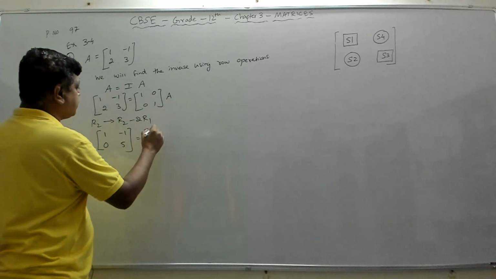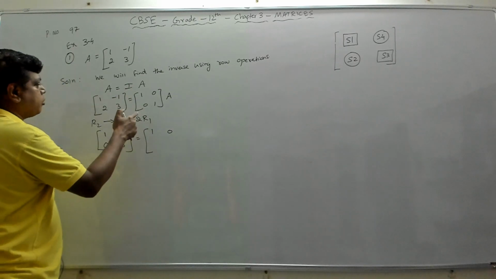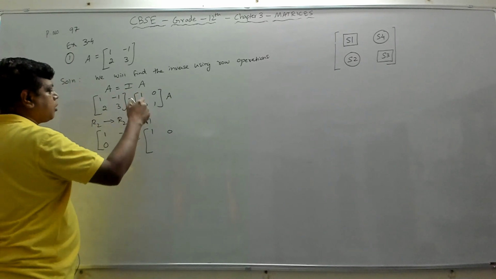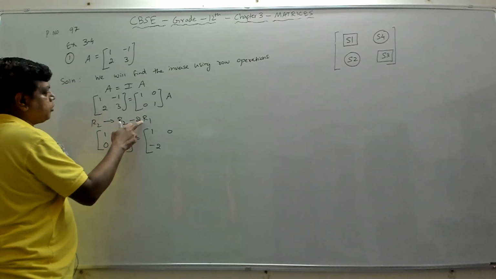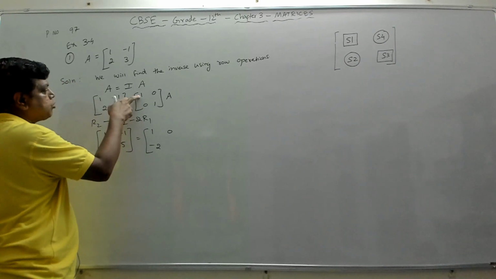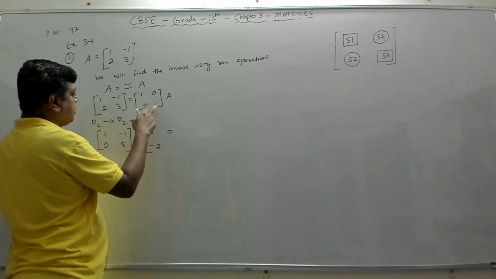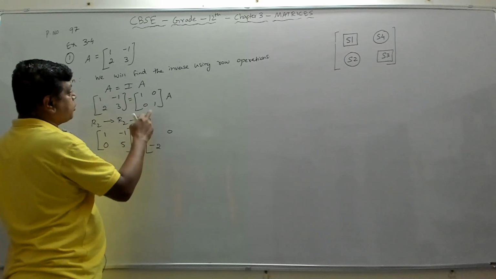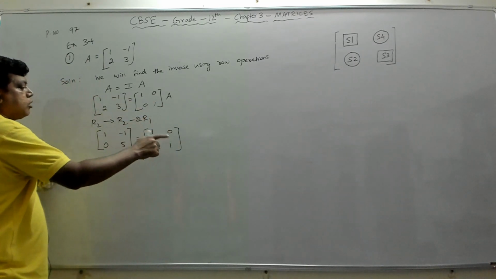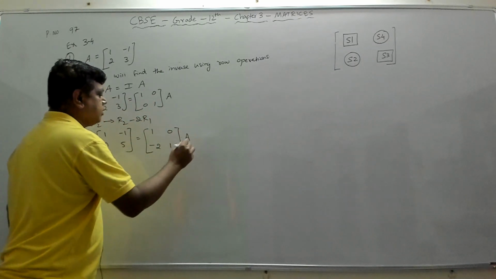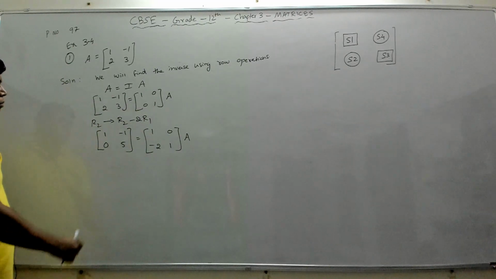Row 1, no change, 1, 0. Row 2 is 0 minus 2 times R1, and R1 is 1, so 0 minus 2 times 1 is minus 2. Again, 1 minus 2 times 0 is 1. Then I will write A. So what we have done is made this element 0.